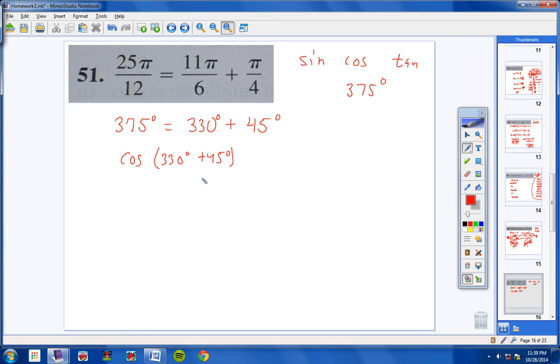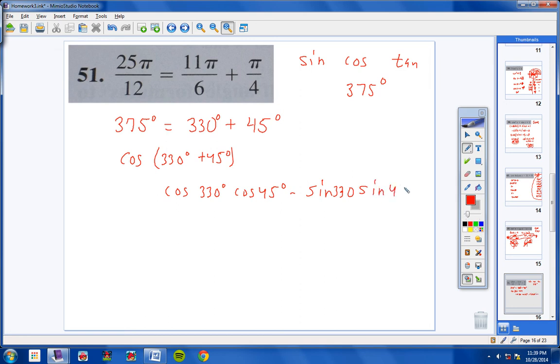Let me look at my notes here. We'd have cosine of 330, cosine of 45, minus sine of 330, sine of 45.